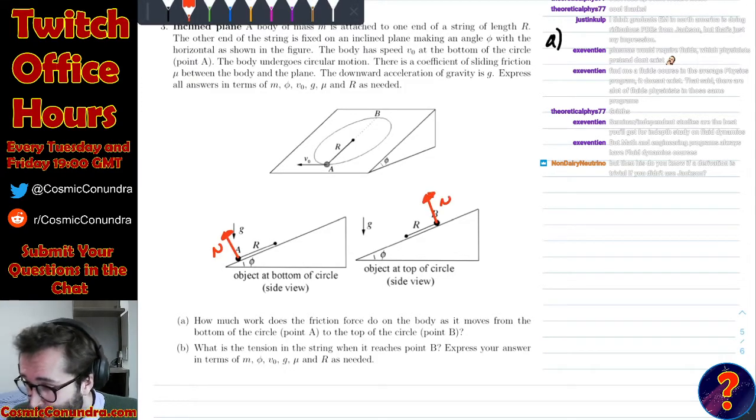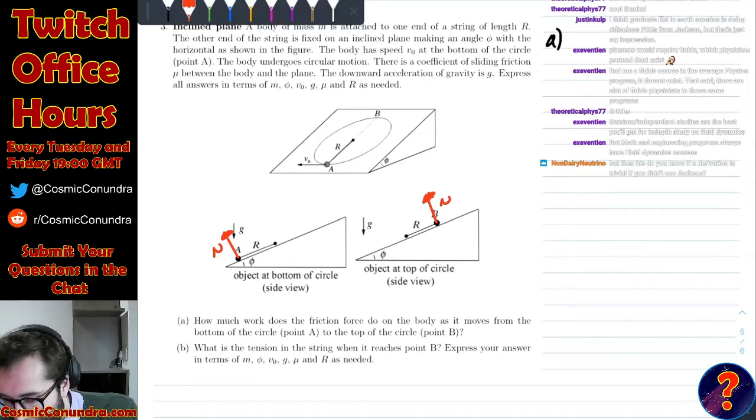It doesn't change as the thing is going around, okay? The forces that are changing on this particle are only along the direction of the plane. They're not in the direction perpendicular to the plane. So the normal force is the same as this thing moves from the bottom to the top, okay?